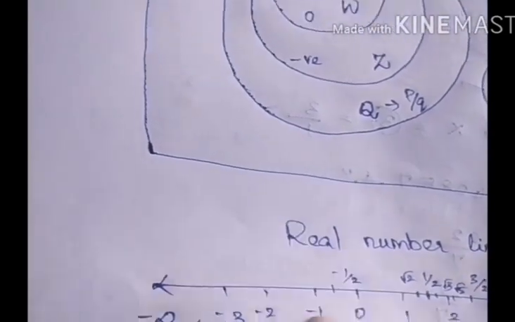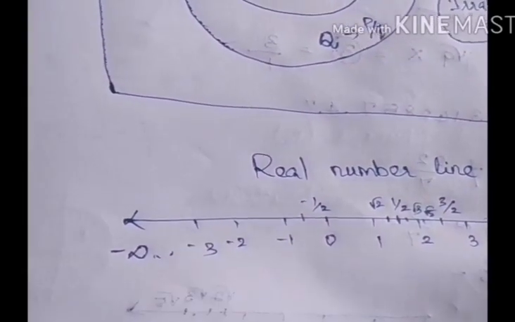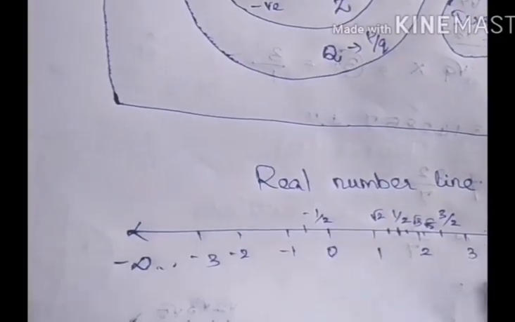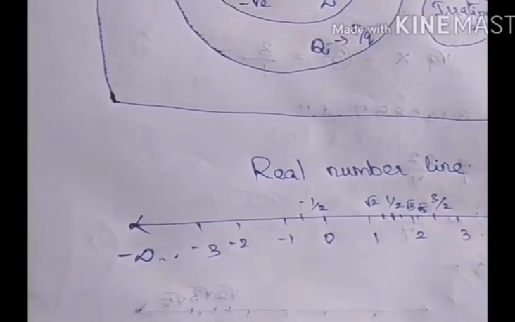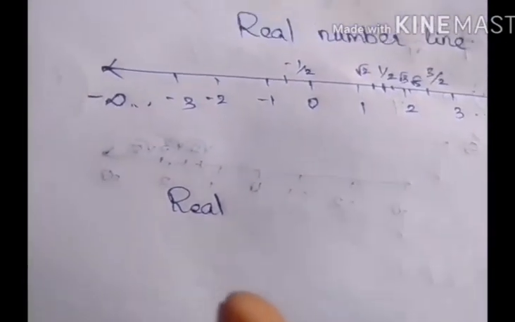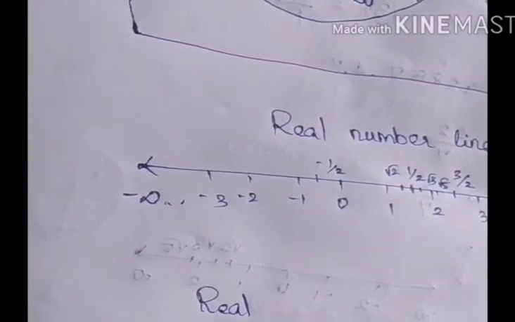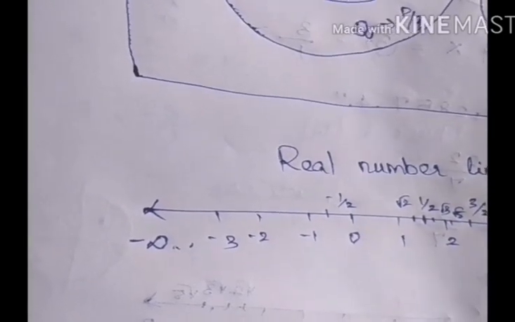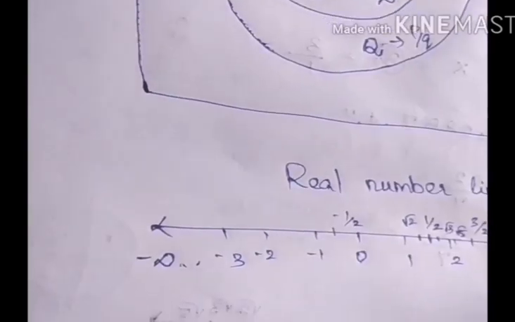So all the numbers we have seen, that is rational number and irrational number, are represented in this real number line, which is called a real number line. So real number consists of all the numbers, which you can call it as big package, which is written as minus infinity to infinity, and it consists all the numbers between.